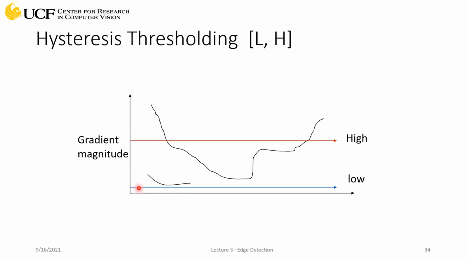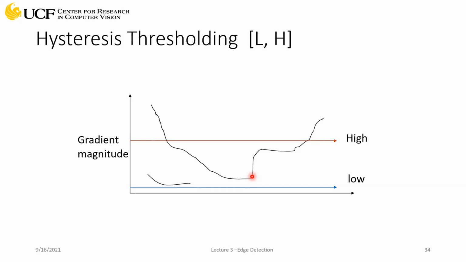We'll simply ignore this. And in this case, if we look at this one, although the magnitude of this pixel is pretty low, very close to low, we look at the pixels which are connected to this. Because this is one single edge, we say that they are above high. Then we say it must be an edge. We should not ignore it.